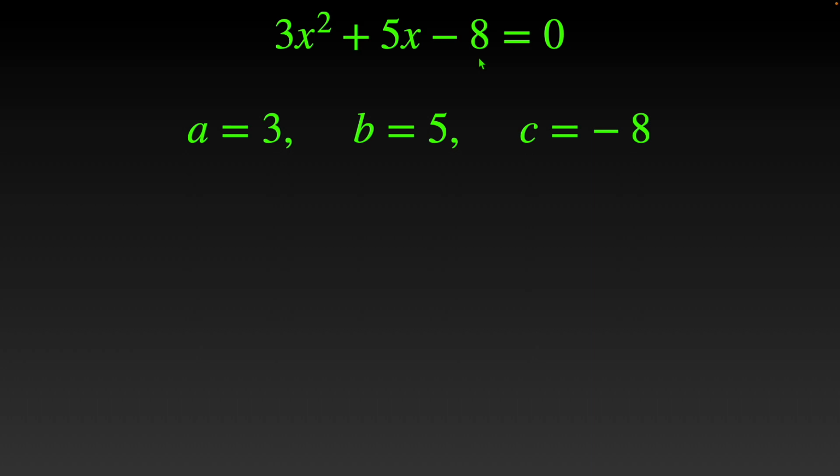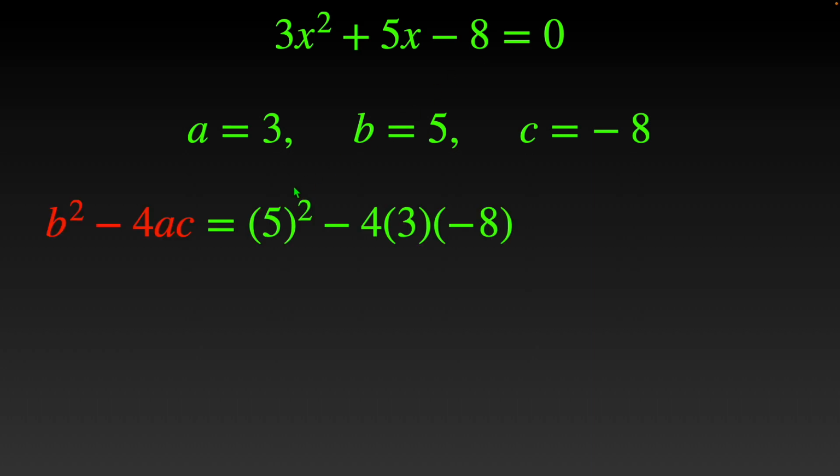Now let's compute b squared minus 4ac. Let's take b and square it. Minus 4 times a, which is 3, times c, which is negative 8. 5 squared is 25.